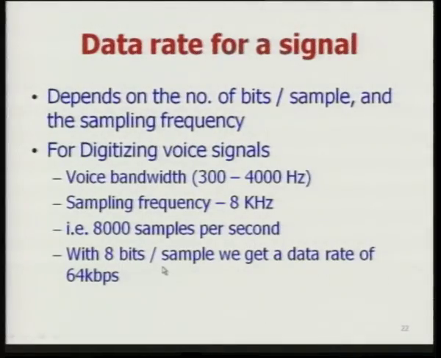This is a problem when you start increasing the number of bits per sample. When I increase the data rate, obviously I need a higher bandwidth for data transmission. So, we want to always keep the data rate small, and at the same time make sure that the quantization noise is less, so you arrive at a value which gives you reasonable quality. That is a trade-off that we must be aware of, and it has been found by experimentation that 8 bits per sample for digitizing voice gives us pretty good quality.